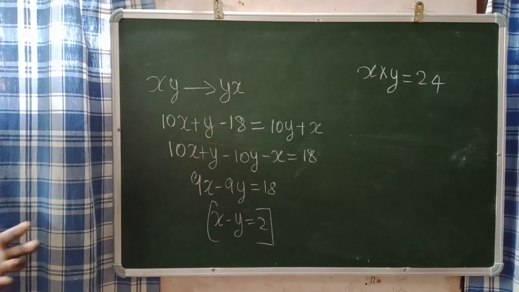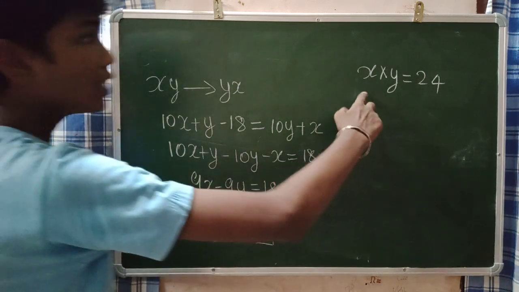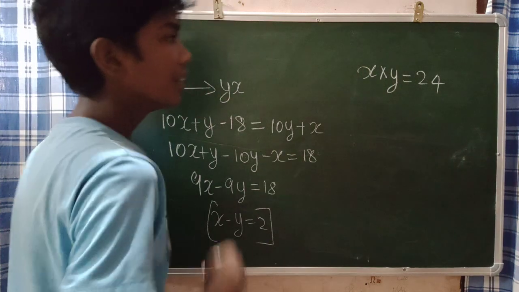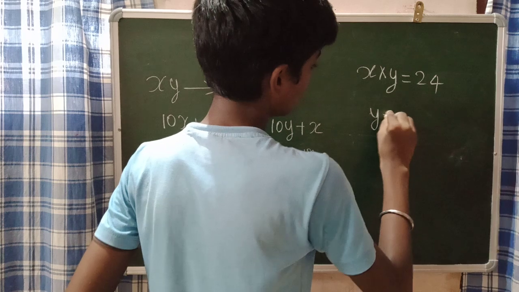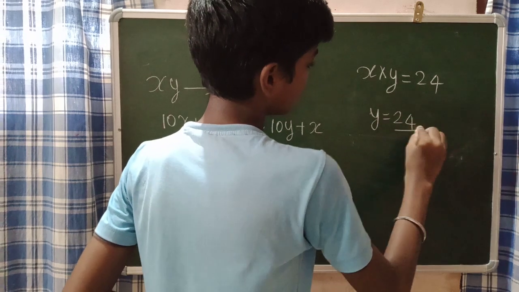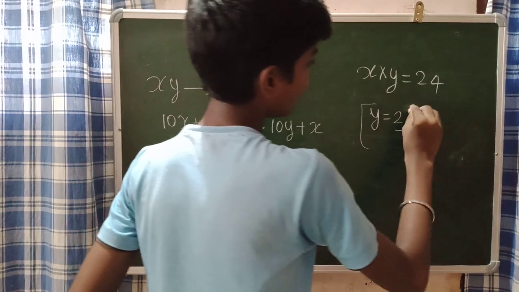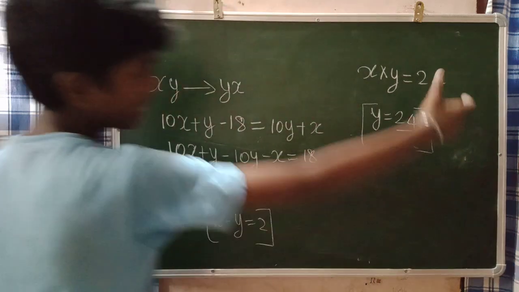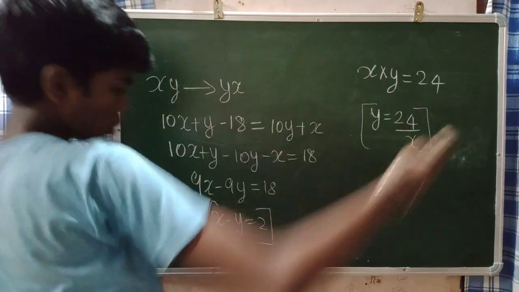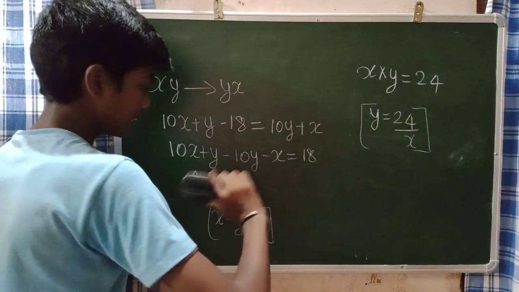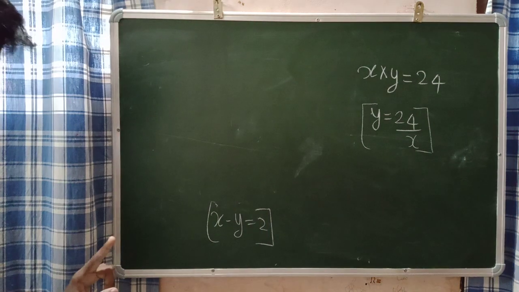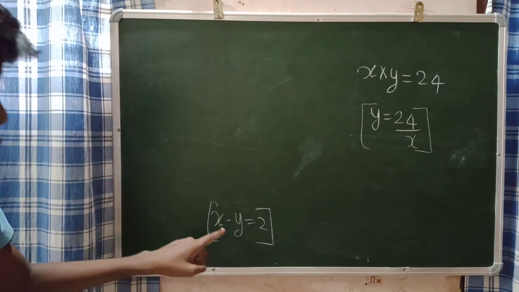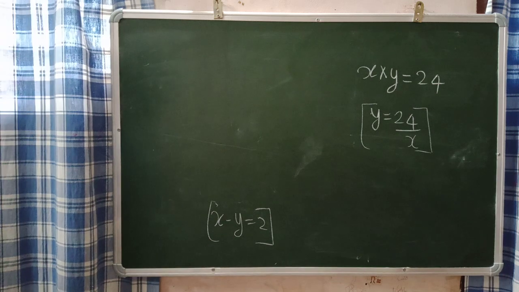Now we know that x into y is equal to 24. If x into y is equal to 24, I can write y as 24 by x, correct? That's a basic thing that I can use from this equation. So in this particular equation, I will put the value of y as 24 by x.